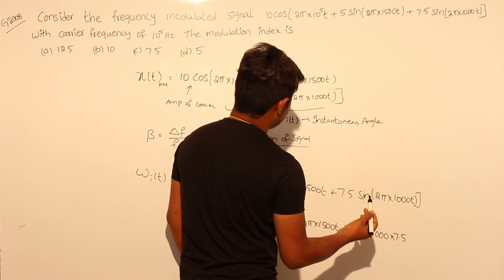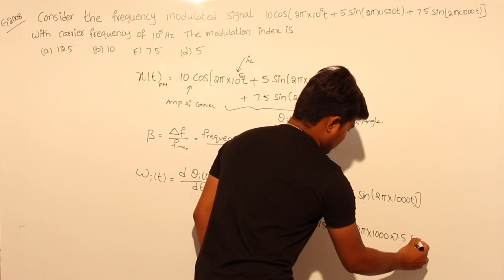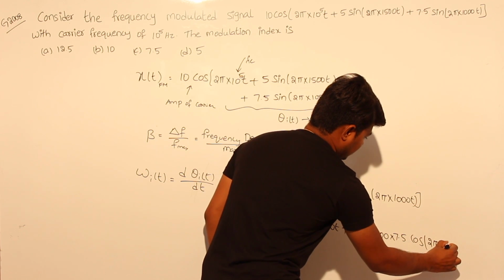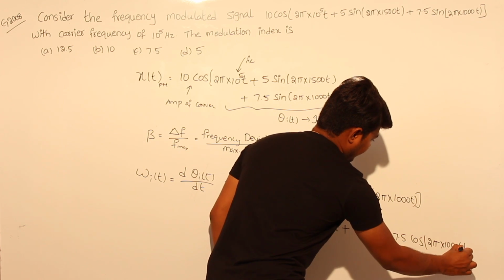The derivative of sine is again cos, 2 pi into 1000 t.